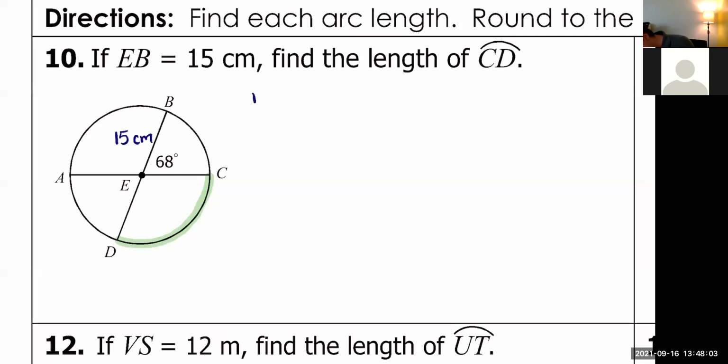It gave me the radius equals 15 centimeters. So the circumference is going to equal 2 times pi times the radius, which is 15. Now, to stay as exact as we can for as long as we can, I'm going to say that the circumference is going to equal 30 pi for right now.